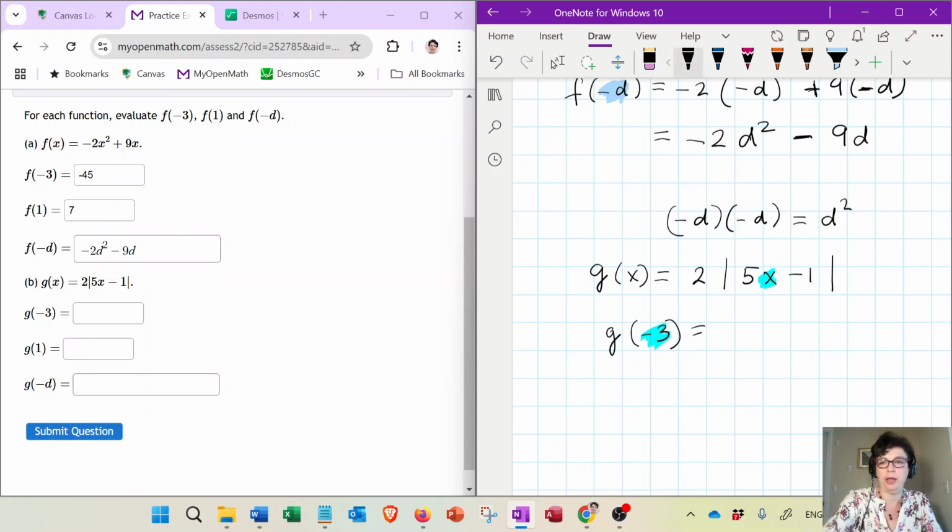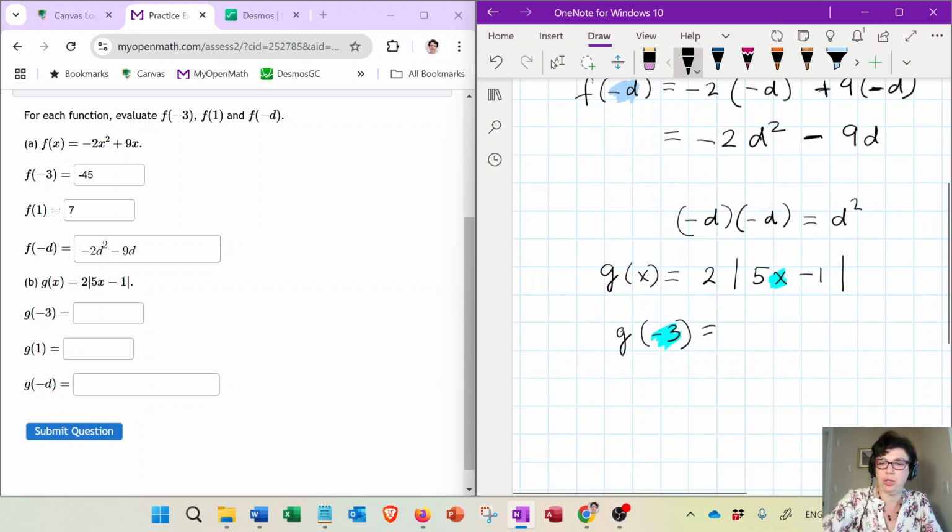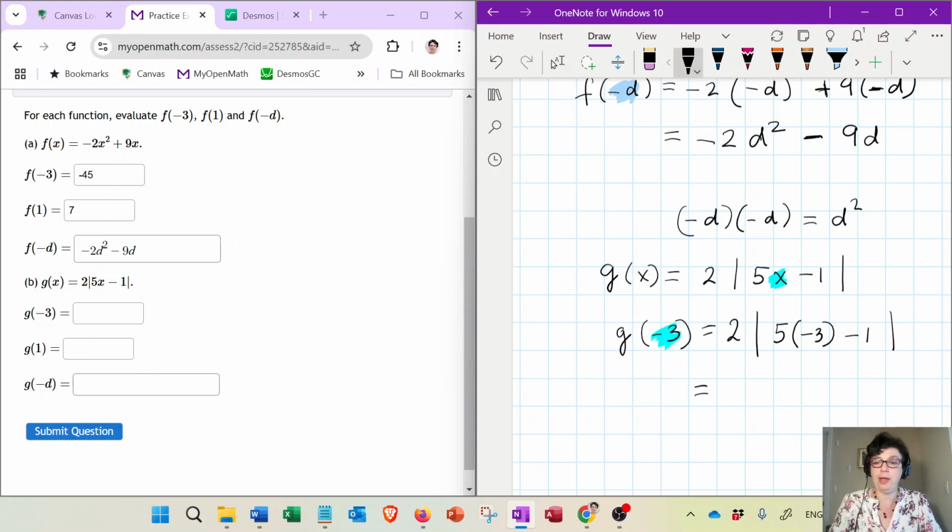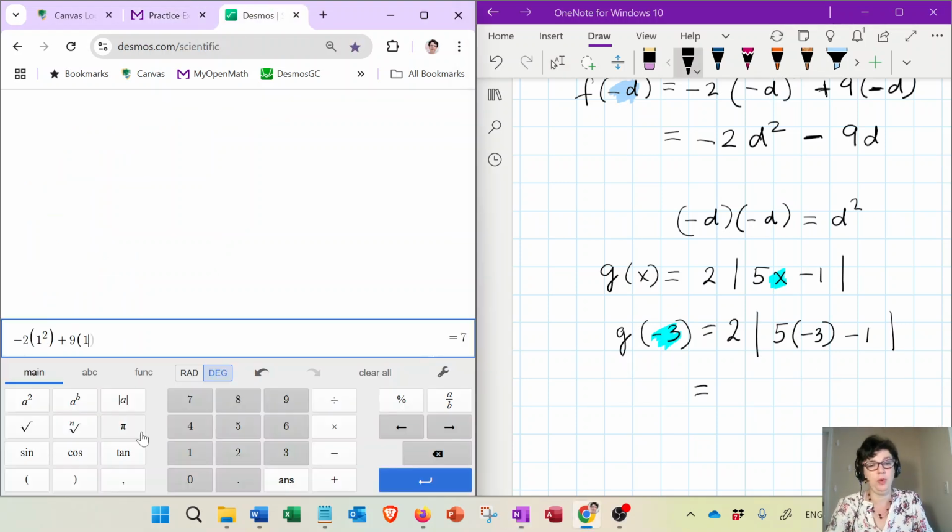Okay, but there's no other x to replace, so that's it. So this is just going to be 2, and then absolute value 5 multiplied by negative 3 minus 1. The calculator may compute the inside, but then you will have to find the absolute value yourself. So 5 times negative 3 minus 1. That gives me negative 16.